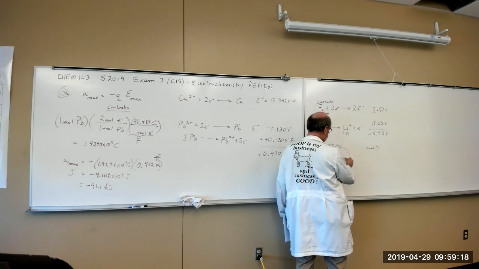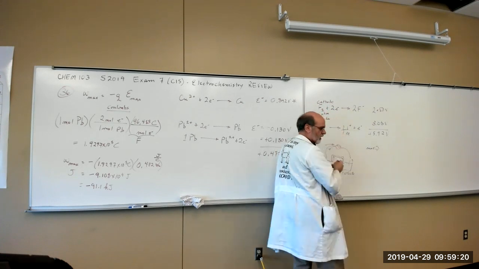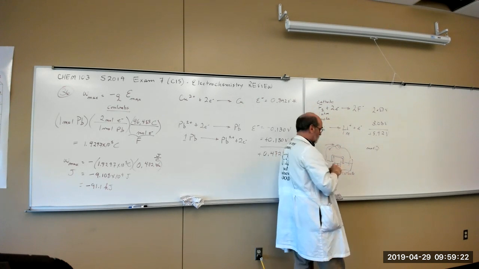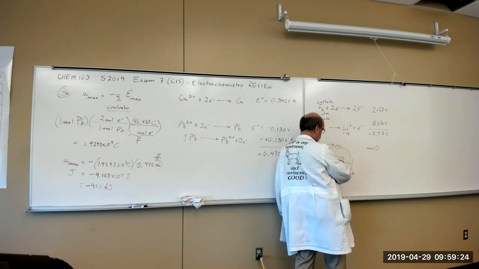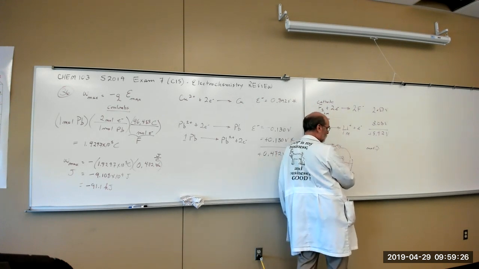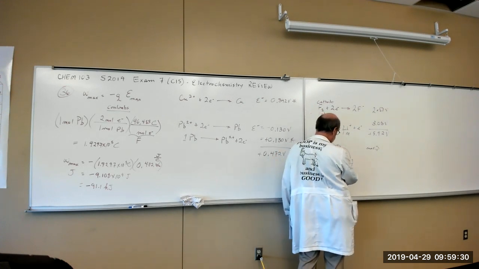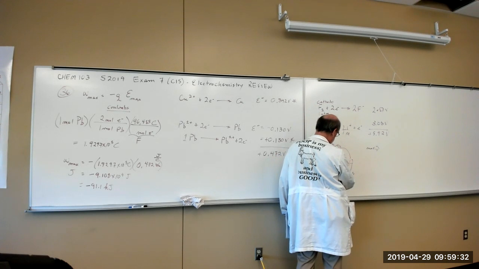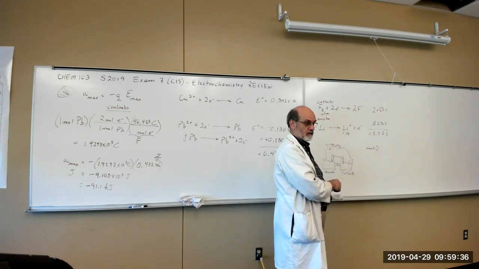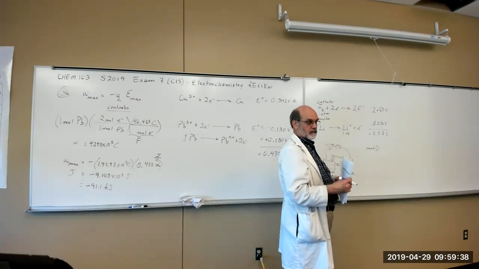You generally pack this with a gel to keep general mixing from going on, but let the ions move. Some have the liquid in here and just have a gel plug at the end. That makes it even more efficient. What's the gel, agar?